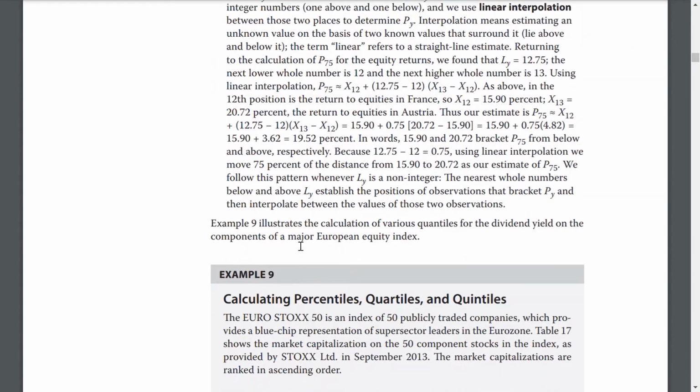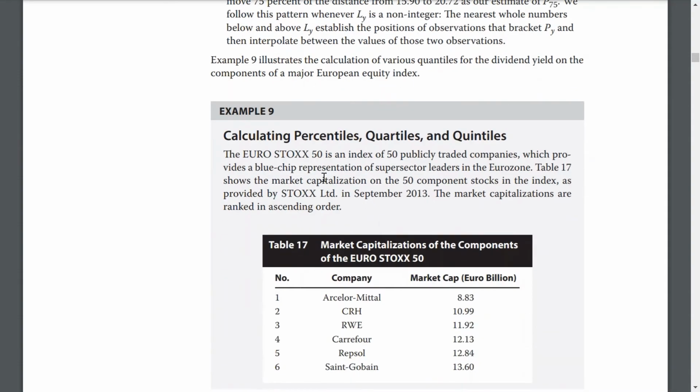Example 9 illustrates the calculation of various quantiles for the dividend yield of the components of a major European equity index. Example 9, calculating percentiles, quartiles, and quintiles. The Euro STOXX 50 is an index of 50 publicly traded companies, which provides a blue chip representation of the super sector leaders in the Eurozone.